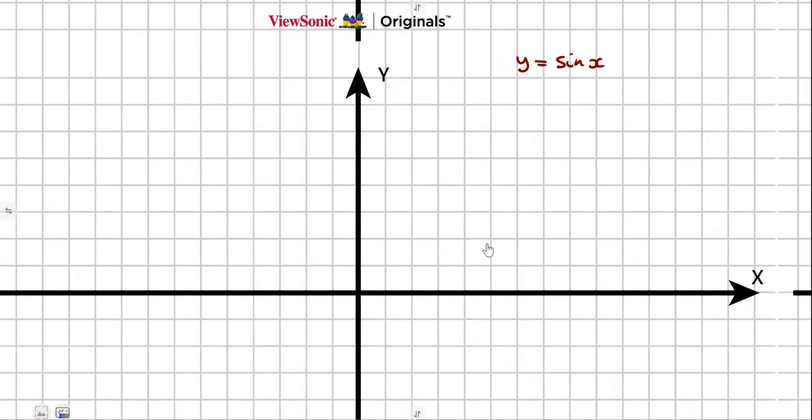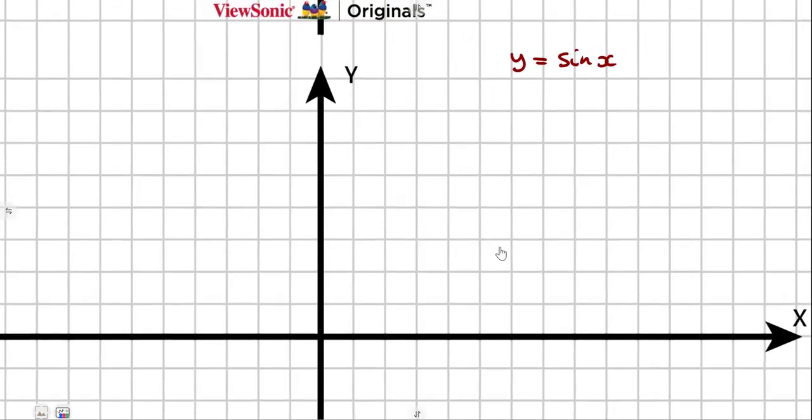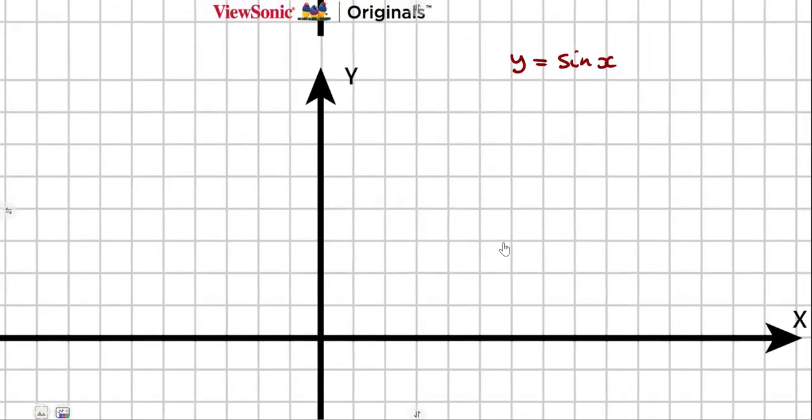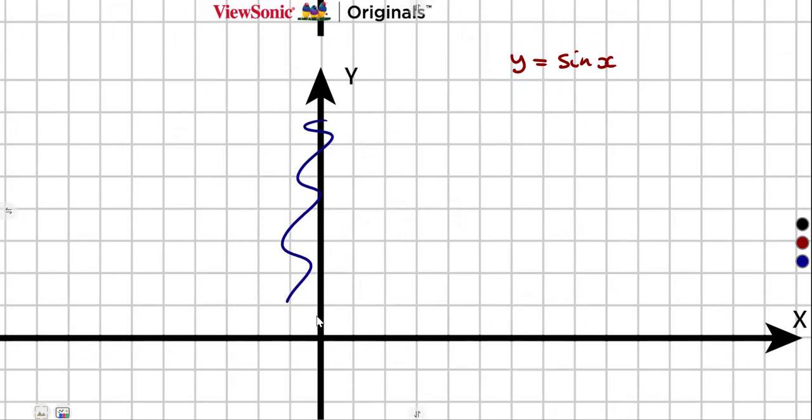For you to have this graph, you will be given an interval, which is the input, for which values of x you are going to take to give the corresponding y values. It must be from a certain interval.